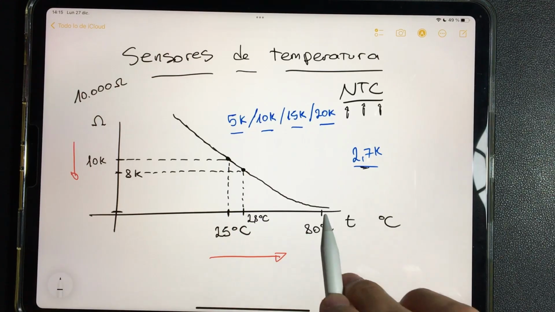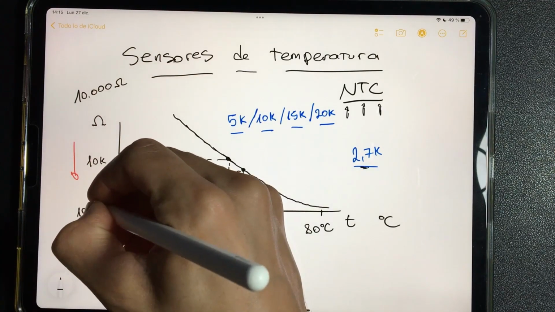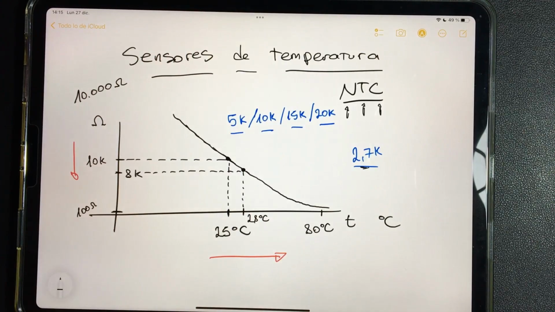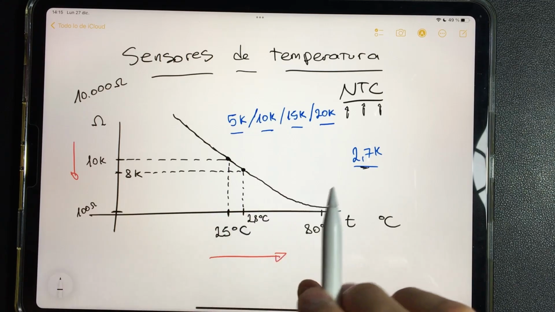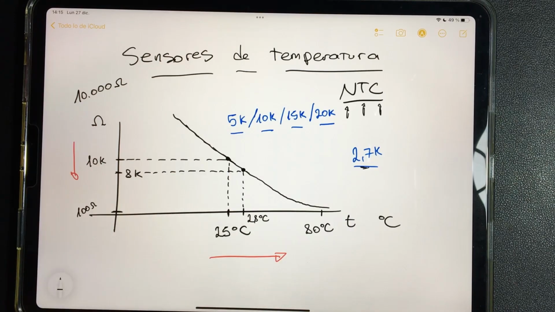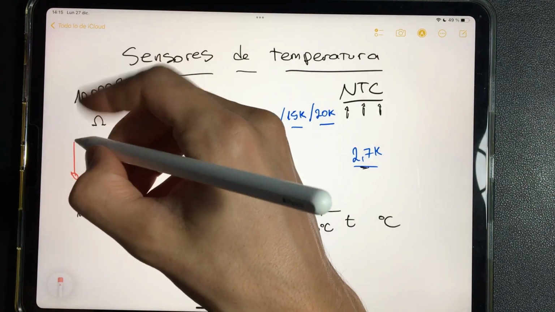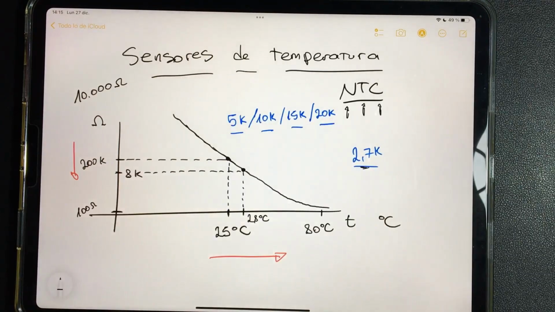It will be a value so low, for example, of 100 ohms, that it will not be able to understand it. So, in this place where such high temperatures are measured, what does the manufacturer do? Well, the manufacturer places sensors that are now not 10K, but 200K. Not all of them have 200, some 38, 40, depending on the manufacturer of the board, but let's say they use 200, as is the case with some very well-known brands.